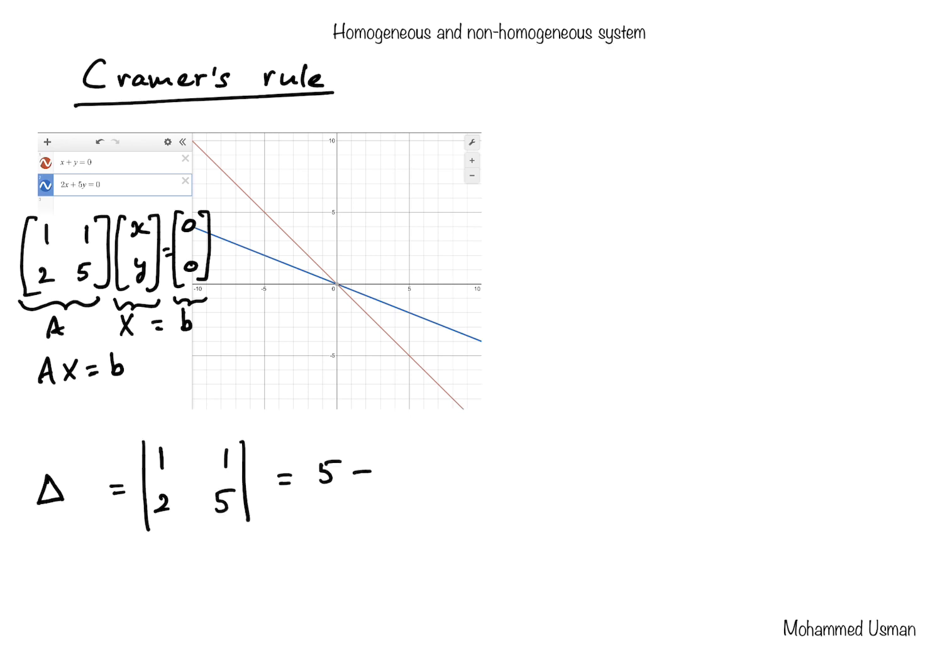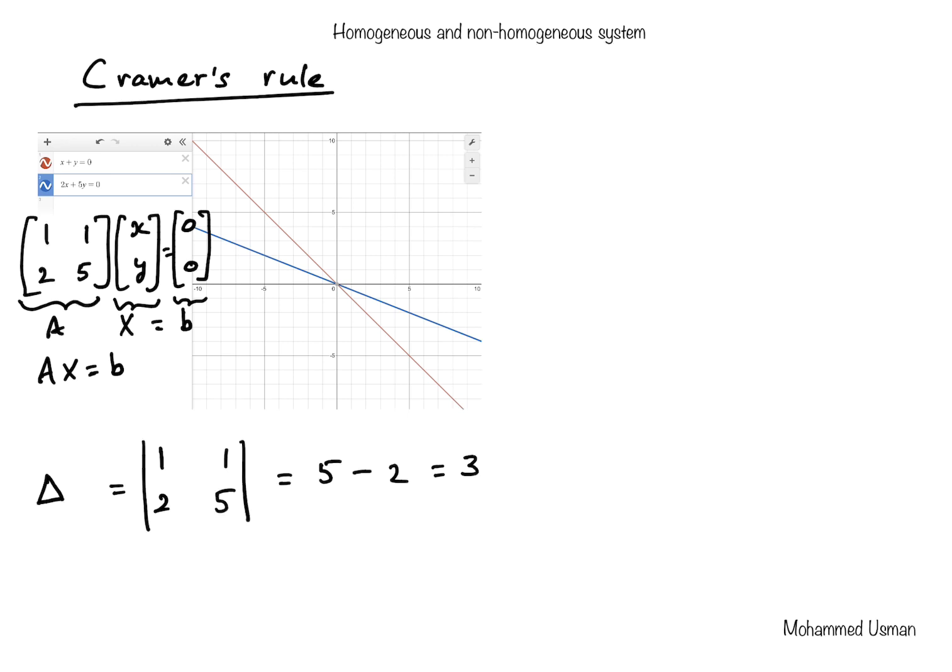That's 5 minus 2, so we get the determinant as 3. So the determinant is not equal to 0, and therefore this particular system of homogeneous equations has a unique solution, because the determinant is equal to 3, which is not equal to 0.